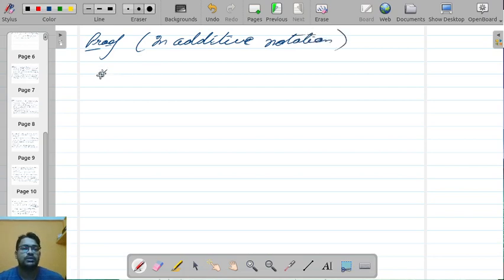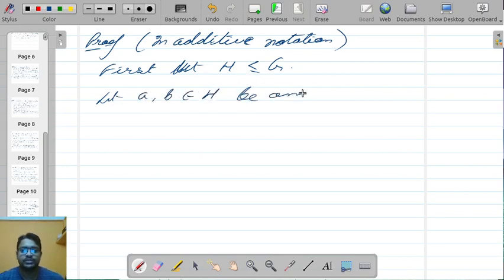First let H be a subgroup of G, H is less than or equal to G. Let A, B belong to H be any elements.